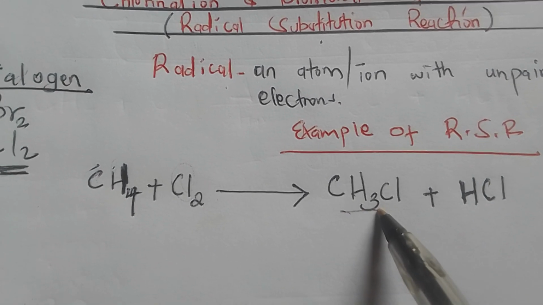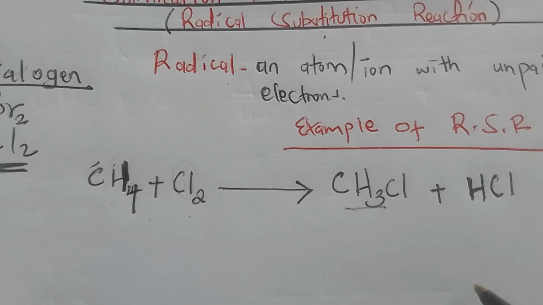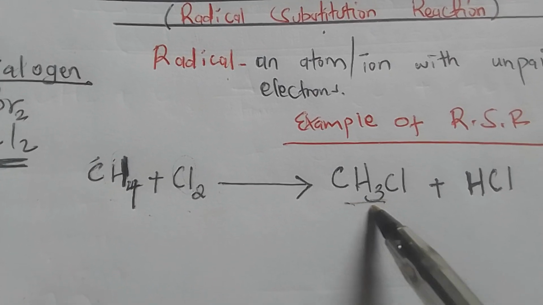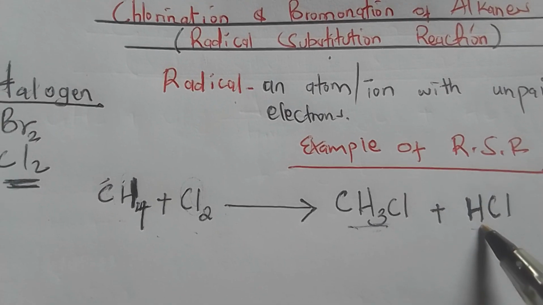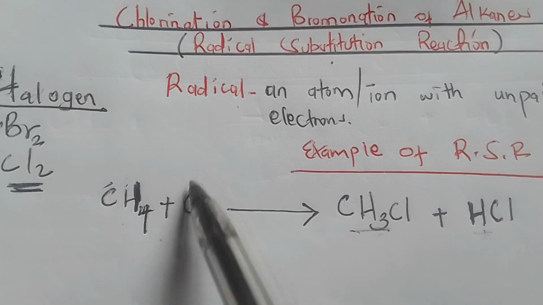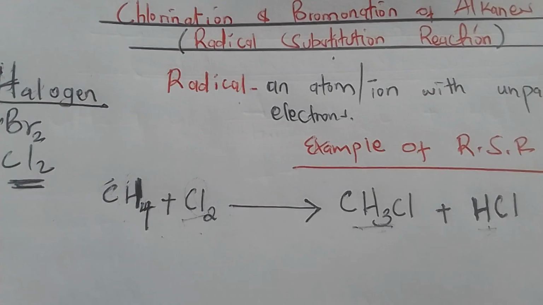This methyl chloride is formed when the hydrogen has been substituted by one of the chlorines. So it's one of the substituted products, and then the hydrogen chloride will be formed from the reaction of the other remaining chlorine atom with the substituted hydrogen.